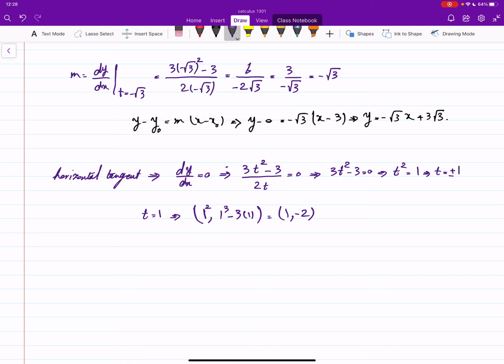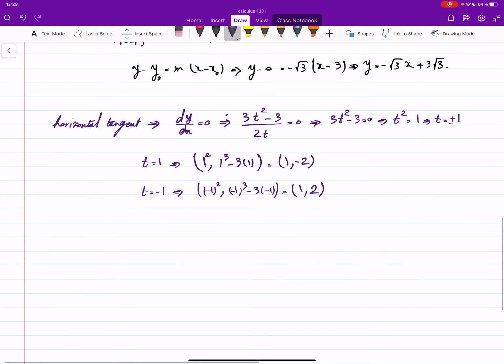And for t equal to negative 1, this is going to be negative 1 squared, which is 1, and negative 1 to the power 3 plus 3, and that is 2. So we have 2 points at which the tangent line is horizontal.